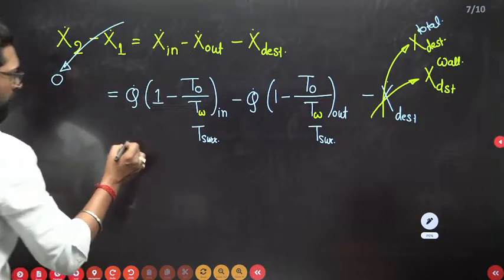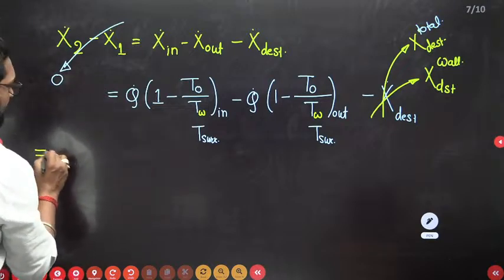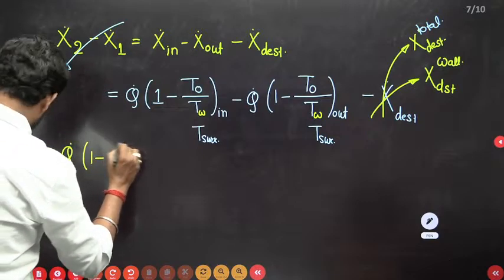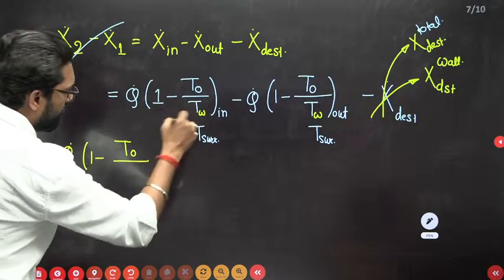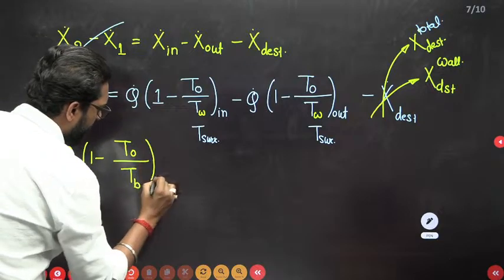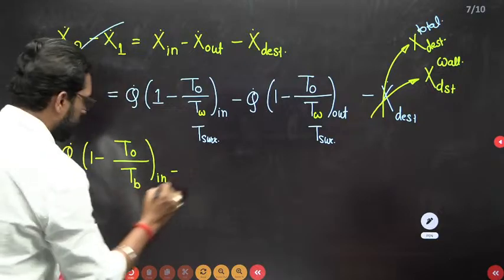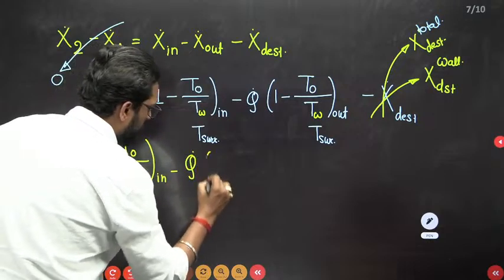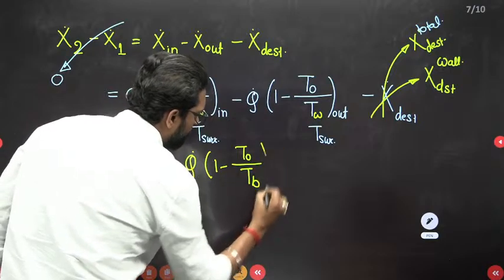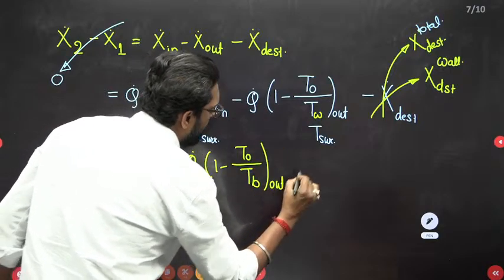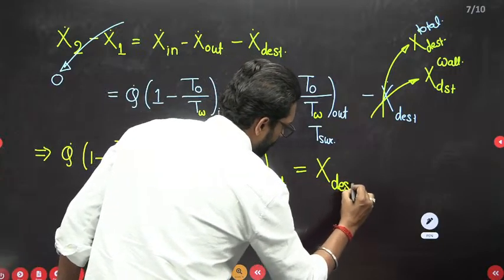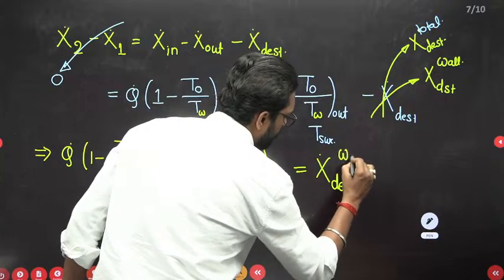So we have to write like that: Q dot times 1 minus T naught by the boundary temperature inside, minus heat transfer times 1 minus T naught by the boundary temperature outside, is equal to exergy destroyed due to the wall.